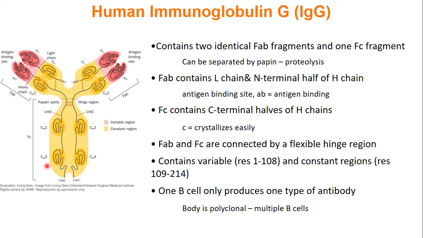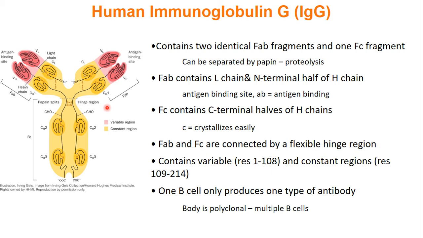The Fc, the c is termed because this part of the protein forms protein crystals super easily. This contains the C terminus half of your heavy chains. And these Fab and Fc regions are connected through this hinge. And now you can also see here we have our disulfide bonds that are holding all these subunits together.